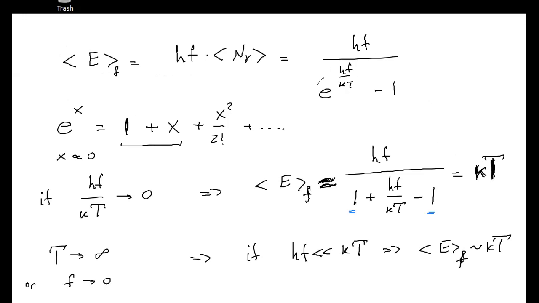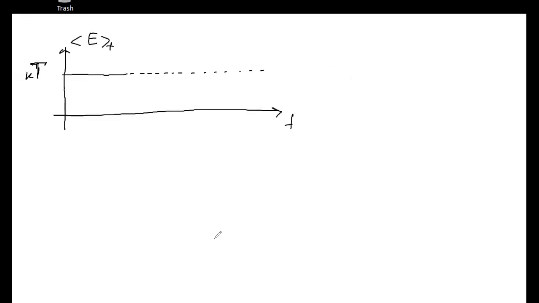What will happen to this distribution if I consider high frequency? So the second asymptotic behavior. What if my parameter hf over kT is very large? So basically it goes to infinity. You can look at this as frequency goes to infinity, or you can say the temperature is very small.